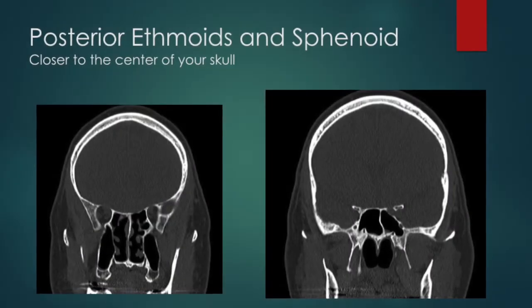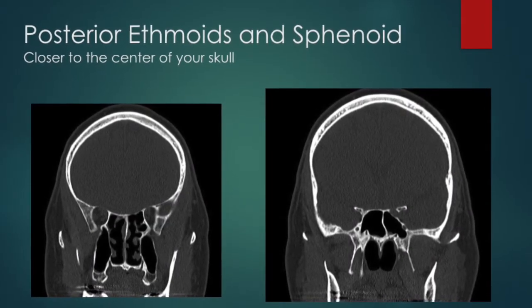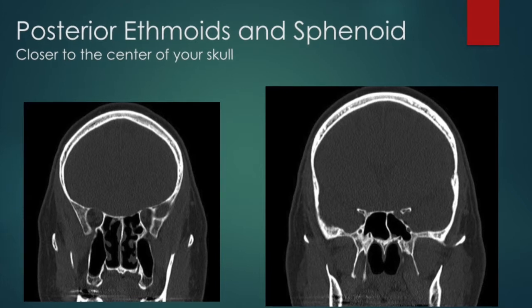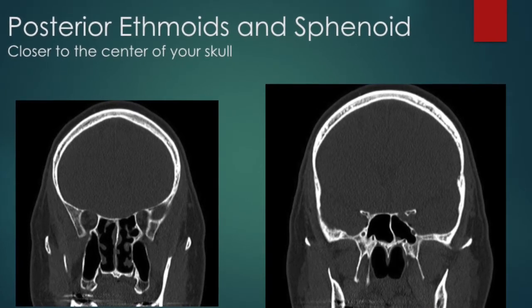There are four paired sinuses. The maxillary, which is under the eyes, the frontal, which is over the eyes. Ethmoids are between the eyes, and they're like a labyrinth, like a honeycomb. And then in the very back, the sphenoid sinus is in the center of the skull. A few things of importance back here.